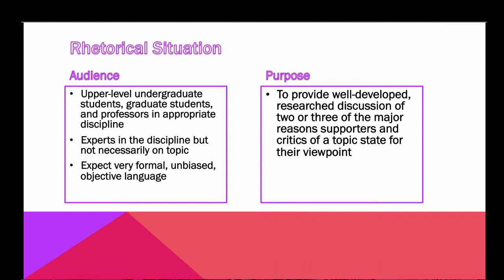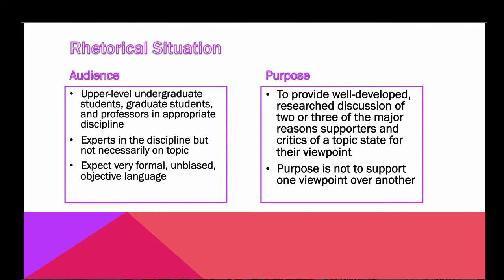And you want to discuss two or three of the major reasons that both supporters and critics of a topic state to support their viewpoint. The purpose is not to support one viewpoint over another. As a matter of fact, readers, myself included, should not be able to tell which side you endorse or even if you endorse one side or the other.